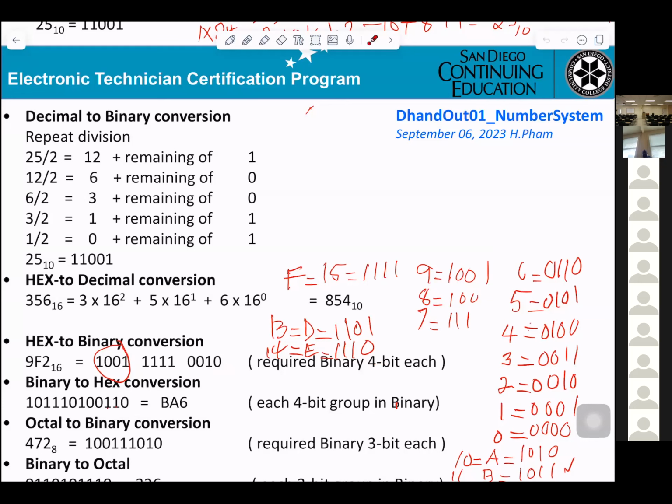Next you have to know how to convert binary to hex. If you get a binary number here, they want to know what the hexadecimal number is. First thing you do, count 1, 2, 3, 4, 4 bits, 1, 2, 3, 4, 4 bits. Then change one group at a time.